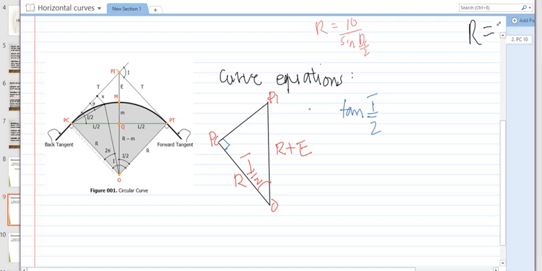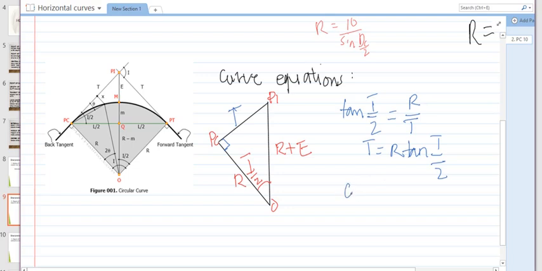This is a right angle, and the angle here is I over 2, so tangent of I over 2 is equal to R over T, where this distance is T. So we can compute the tangent distance as T equals R tan I over 2.